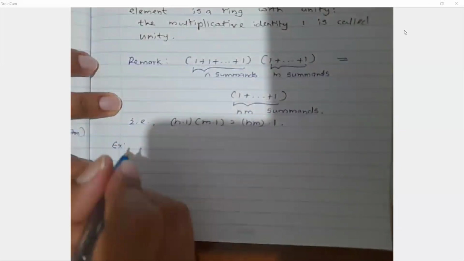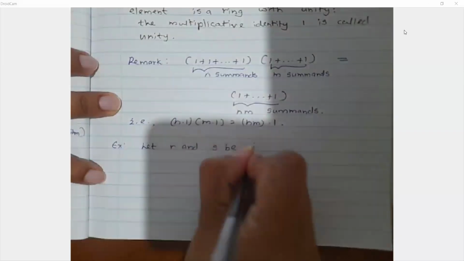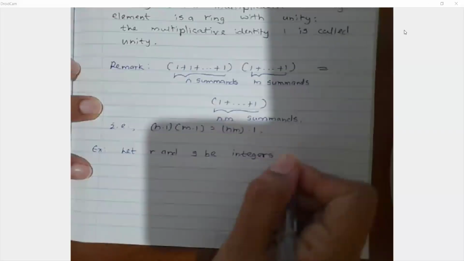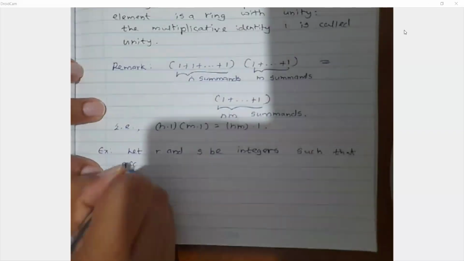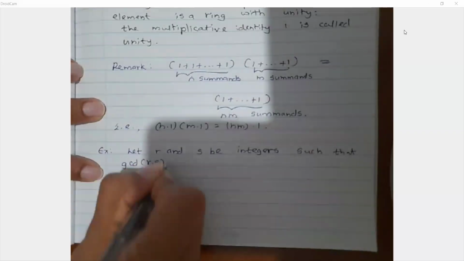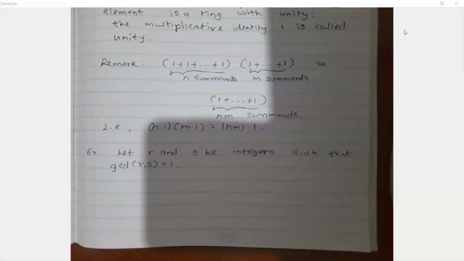Let R and S be integers that are relatively prime. In other words, their greatest common divisor is simply 1. They have no common divisor other than 1.